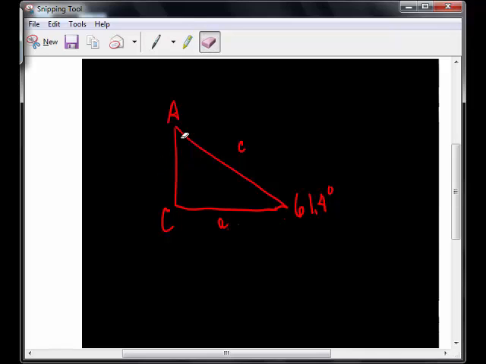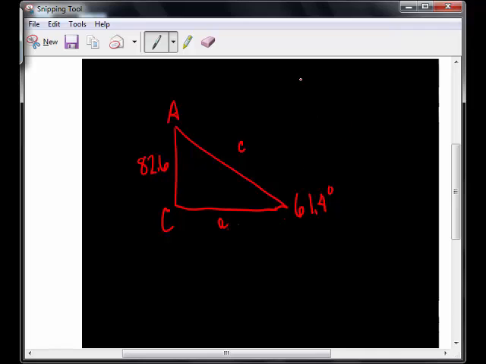And I'm going to change side B to 82.6. And it doesn't say 82.6 what. And then we are supposed to find the other missing parts.